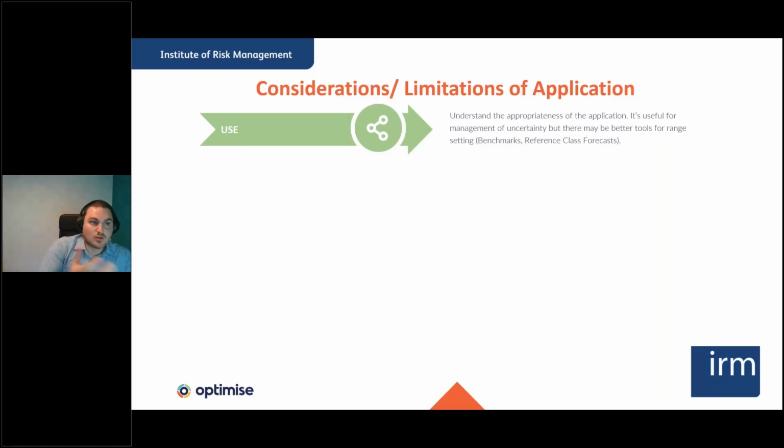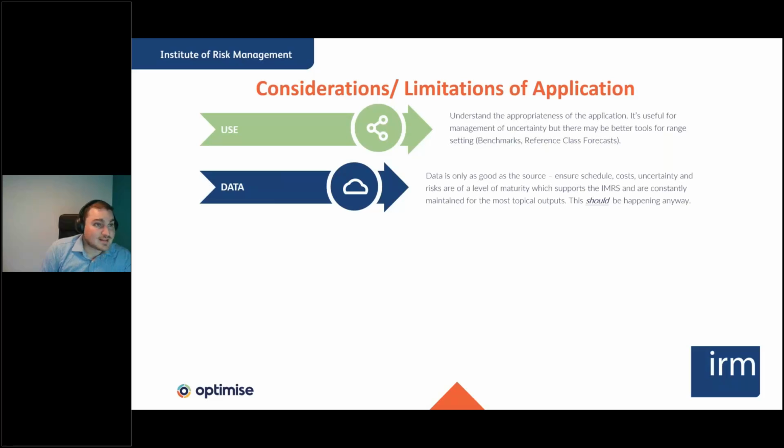So you might look at something like benchmarks or reference class forecasts instead, early phase, before you start applying something like this.